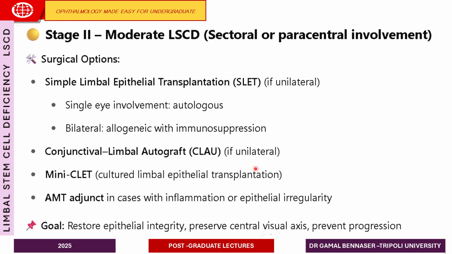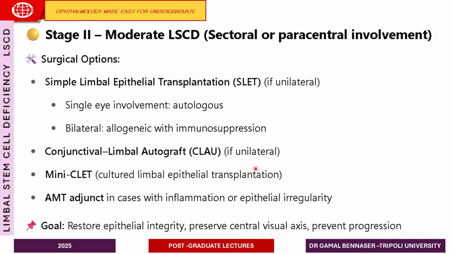Now for stage 2, which is just mild involvement of the central 5 millimeter, it can also be subdivided into A and B based on the extension of the limbal involvement, less than 50% or more than 50%. So in these cases, the surgical management is optional.